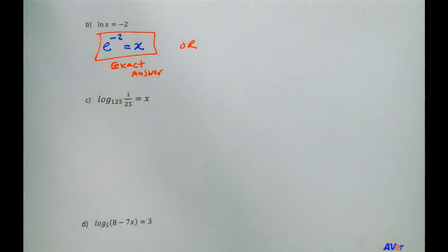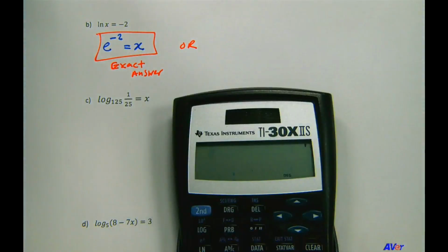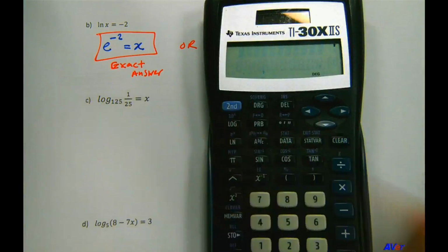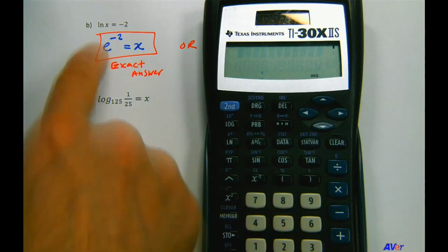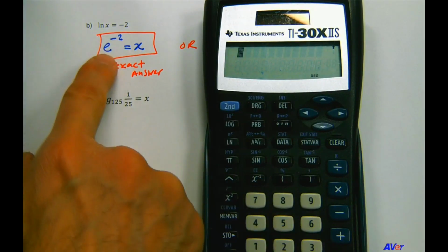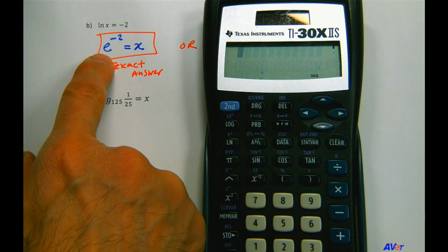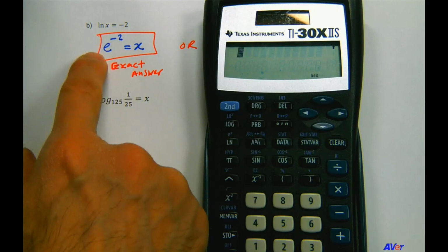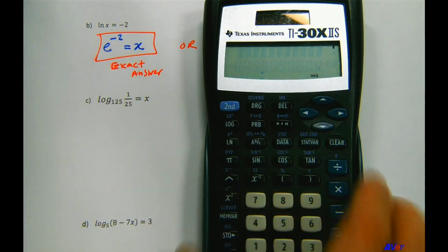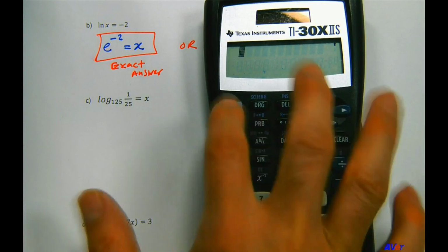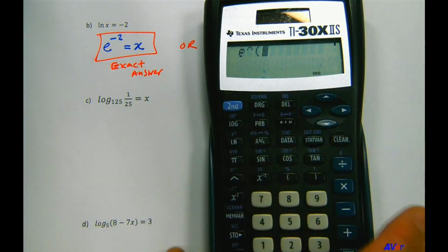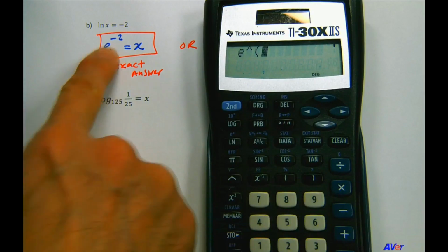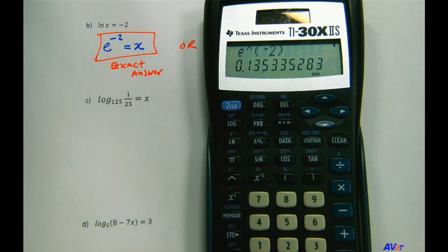Or let's calculate it with a calculator. So just get a feel for what kind of number that is. That has to be less than 0, right? Because of the negative, less than, I meant to say less than 1, not less than 0. This number is going to be less than 1 because of this negative exponent. So we have e to the negative 2 power, so 0.13533.